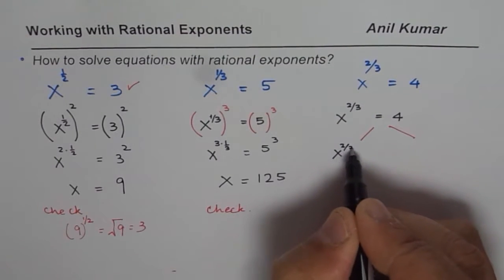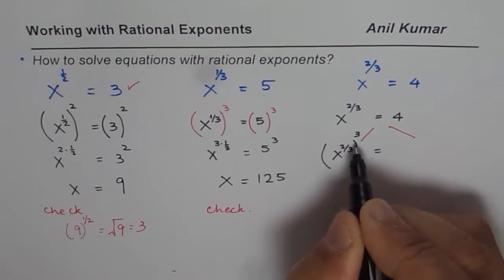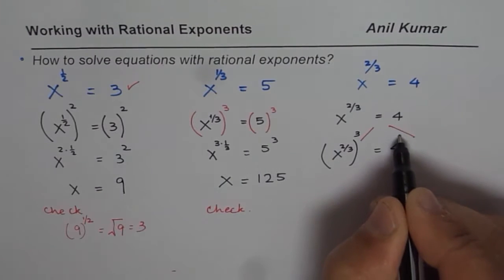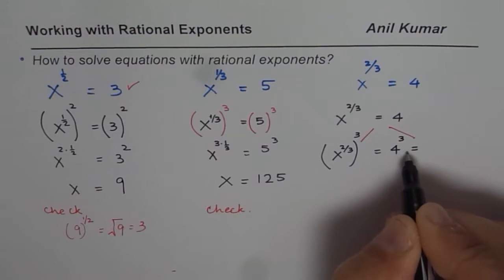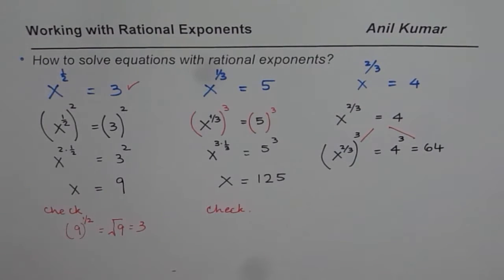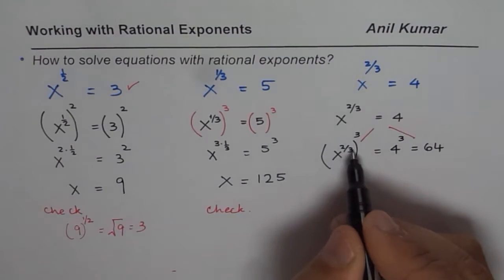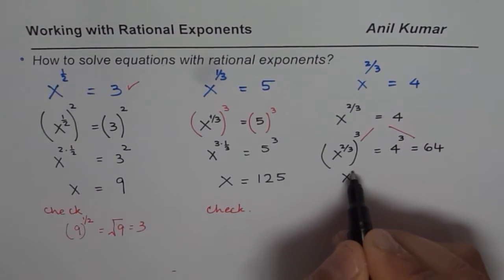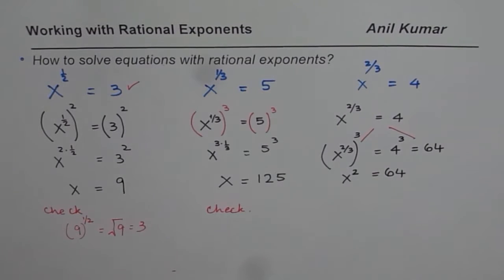So we have 2 over 3 to the power of 3, so we have cubed both sides. Which you know is 4 times 4 is 16, 16 times 4 is 64. That is what you get. And on the other side, when you multiply 3 by 2 over 3, you get x squared, right? So you get x squared equals 64. You get the idea, right?